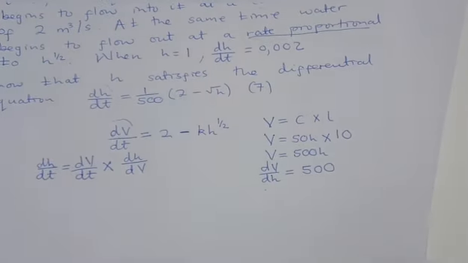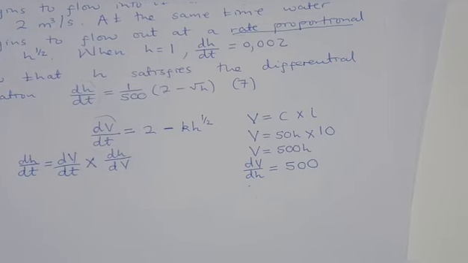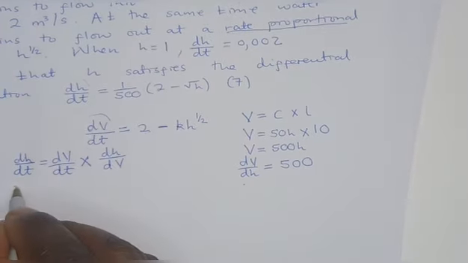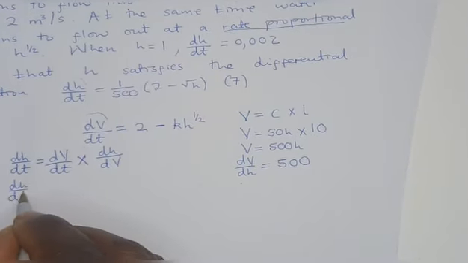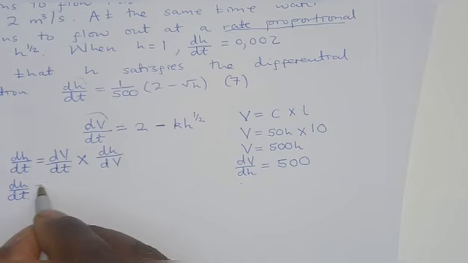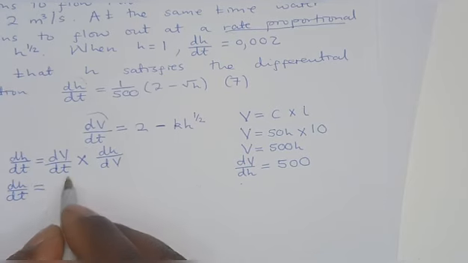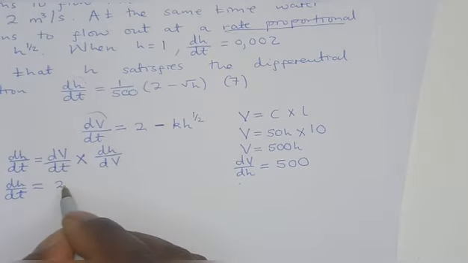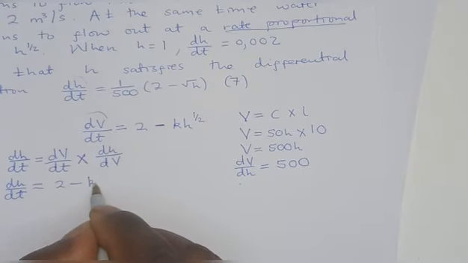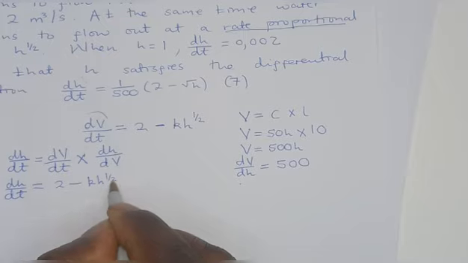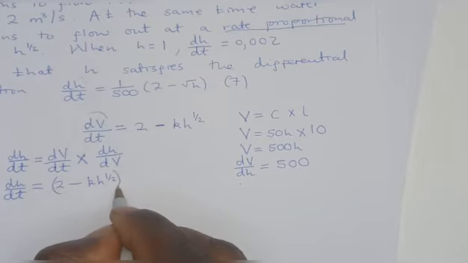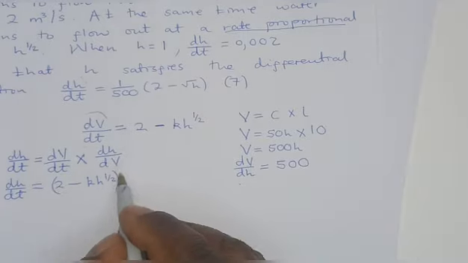Right, so tadaro manje takusubstituta zvinhu zviyazvi, tinenge takuti dh over dt is equal to dV over dt, anova ndiye 2 minus k h to the power of half, tomisa mubracket. Ari kutimes chi?